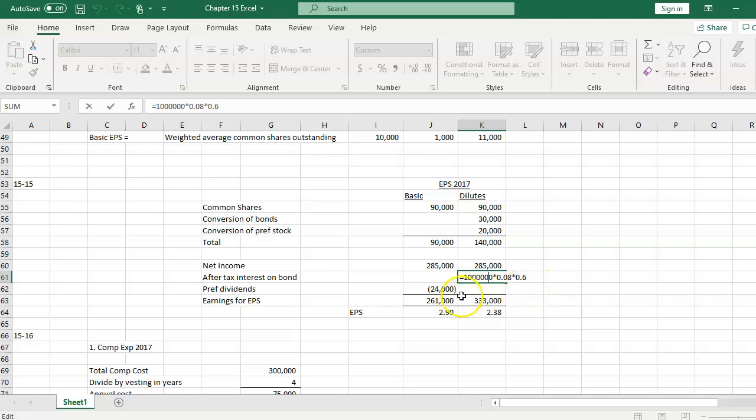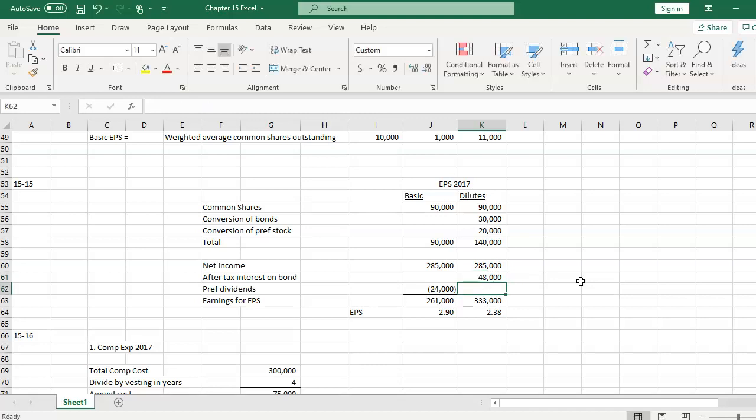So the value of the bonds was 1,000,000. The 0.08 is the interest expense, and then the 0.6 is 1 minus tax, and tax was 40%. So 1 minus T is 0.6. Okay, so 1,000,000 times 0.08 times 0.6 is my calculation for after-tax interest on the bond.